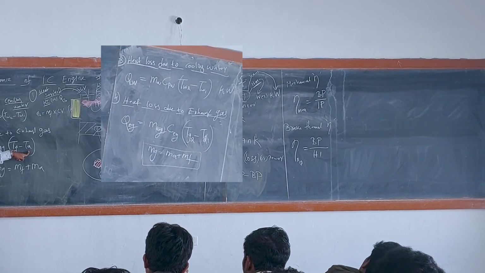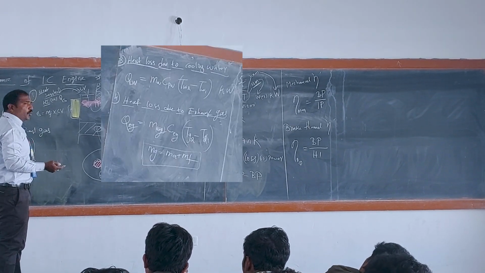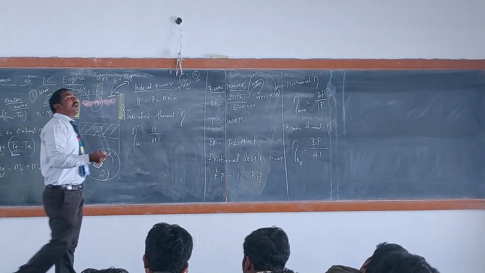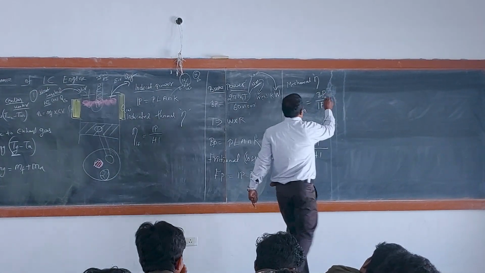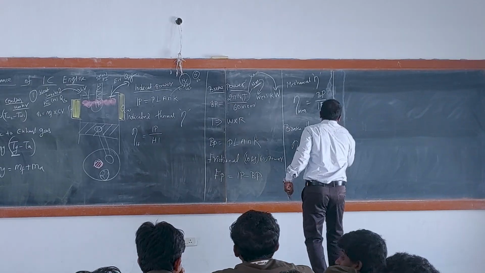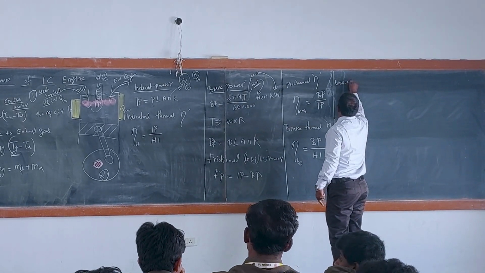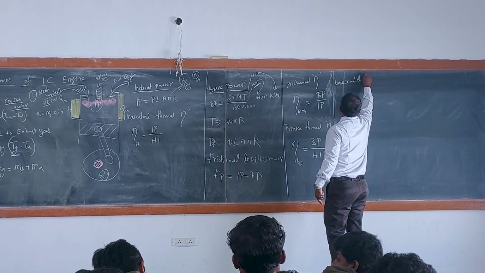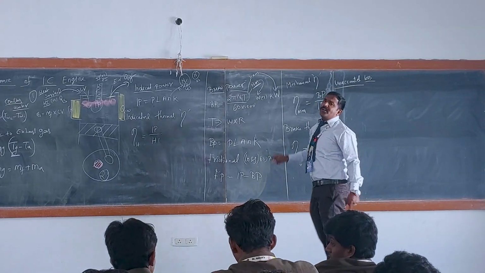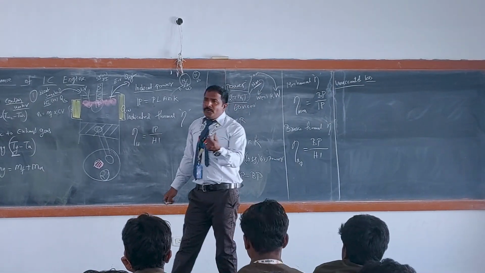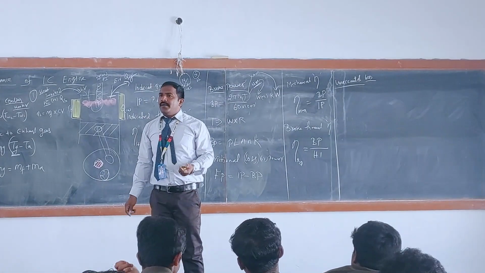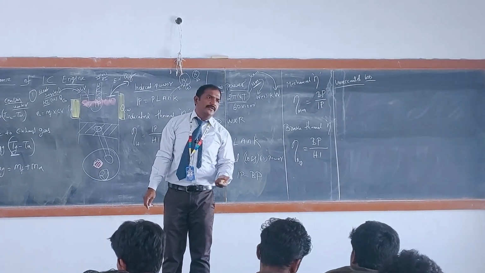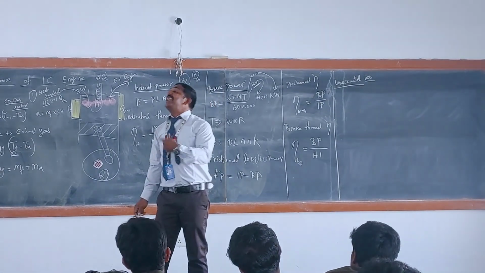Correct? Read out. So, other than these two losses, we have unaccounted losses. What is that? Unaccounted losses. These unaccounted losses are due to fuel escaping from the engine, fuel not present in the combustion, and due to radiation, an important one.